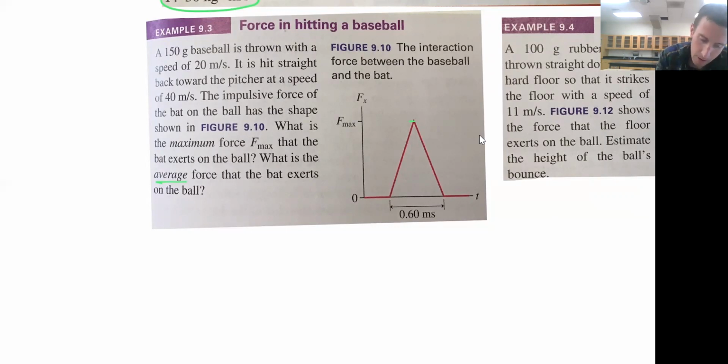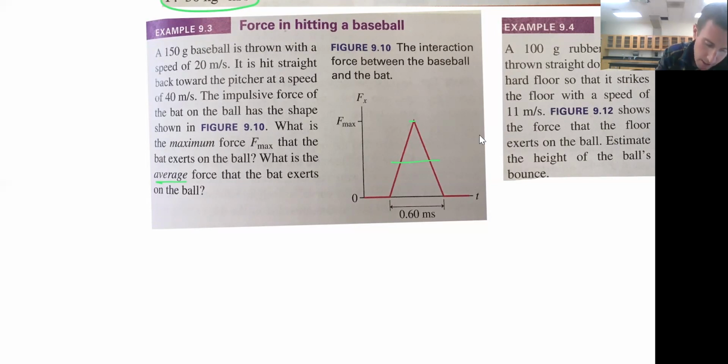Okay, so obviously the average will be half of the maximum here, since it's a straight line triangular shape. But let's do average. I think I'm going to calculate the average first and then do the maximum, because the maximum is clearly twice the average.